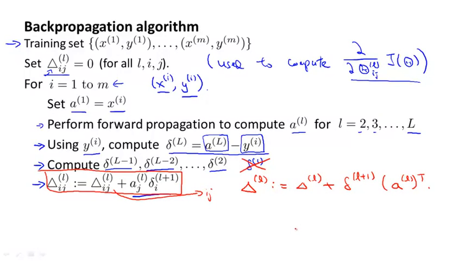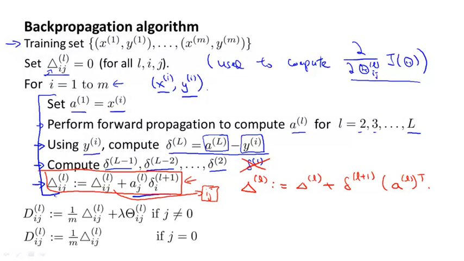That's a vectorized implementation that automatically does this update for all values of i and j. After executing the body of the for loop, we go outside the for loop and compute capital D as follows. We have two separate cases, for j equals 0 and j not equal to 0. The case of j equals 0 corresponds to the bias term, which is why we're missing this extra regularization term.